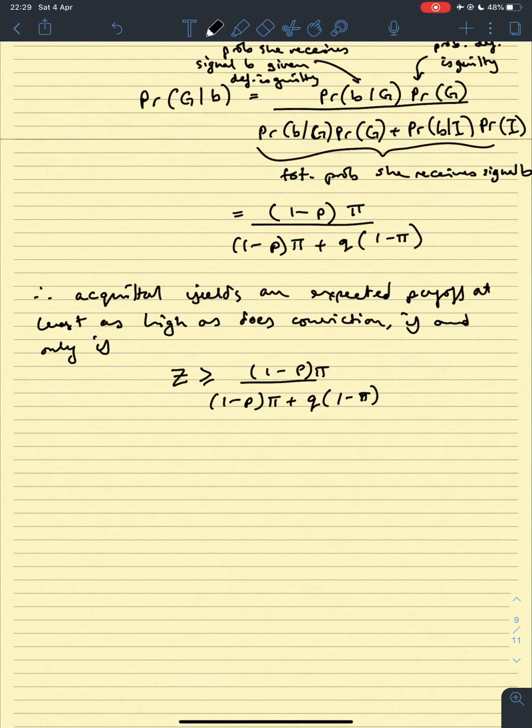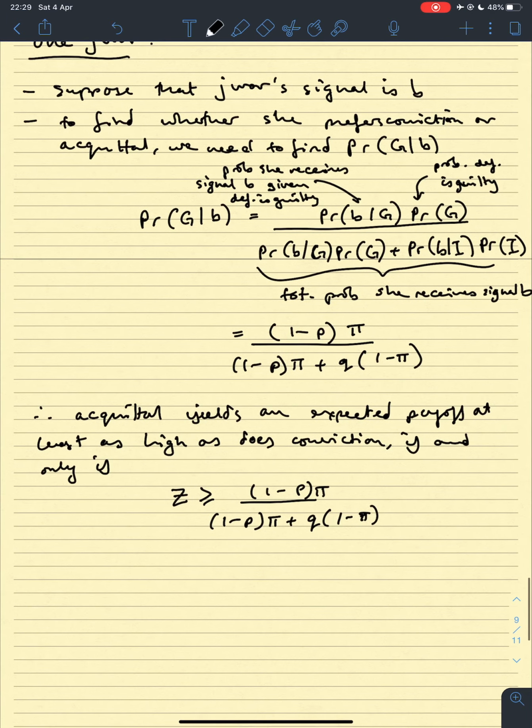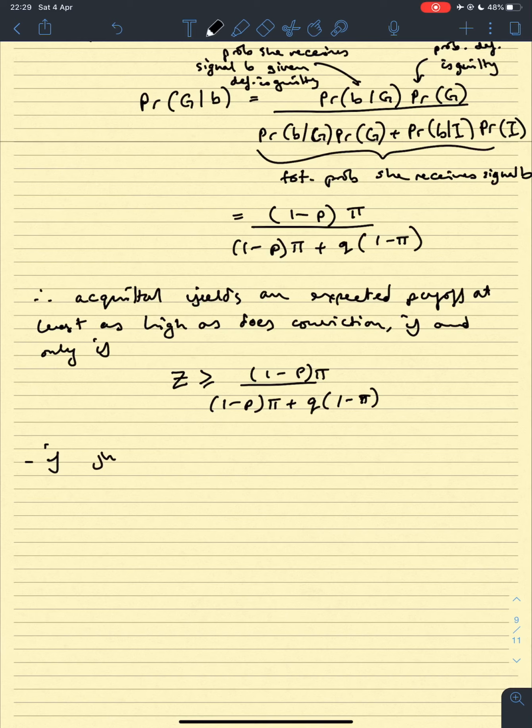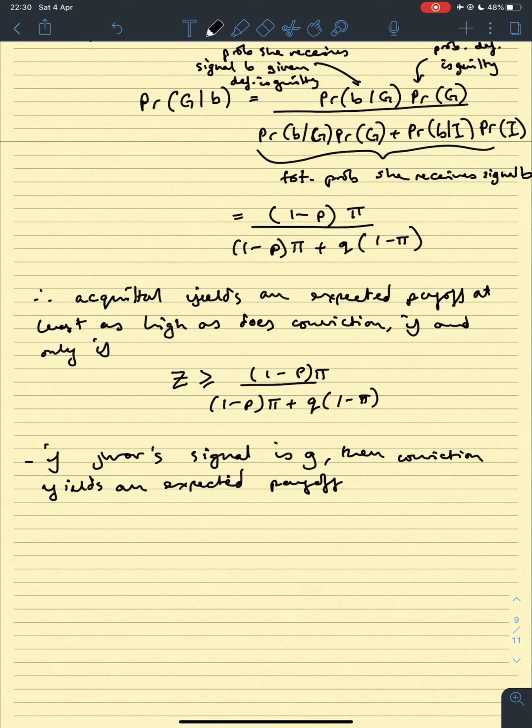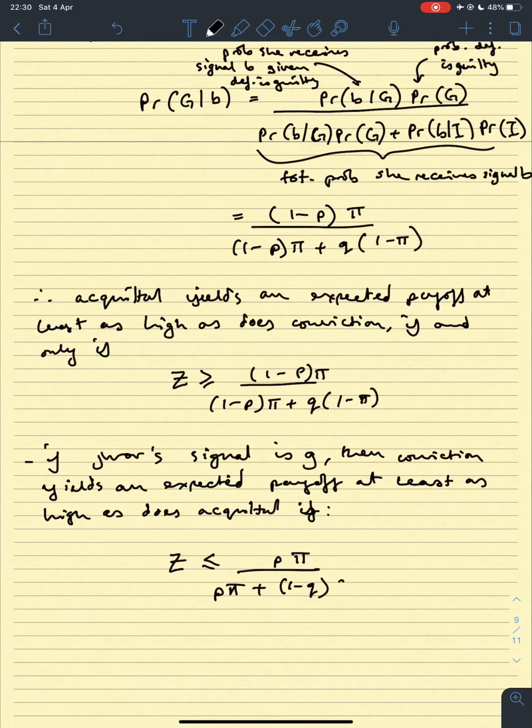Okay. And if the juror's signal is G, not B, then by the same process, conviction yields an expected payoff at least as high as does acquittal if and only if Z is less than or equal to P times pi over P pi plus (1 minus Q)(1 minus pi).